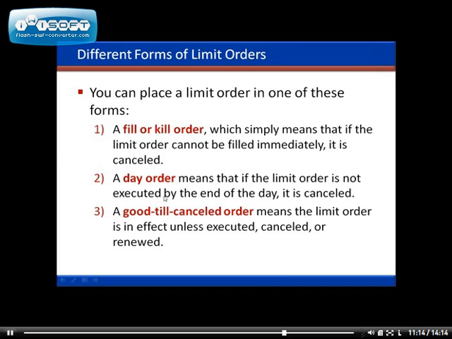A day order means that if the limit order is not executed by the end of the day, it is canceled, which is pretty much the same thing as the fill or kill order. A good till cancel order means that the limit order is in effect unless executed, canceled, or renewed. So if I wanted to sell my shares on Monday and it didn't happen, it can go all the way to the end of the month, because it's good till it's canceled.